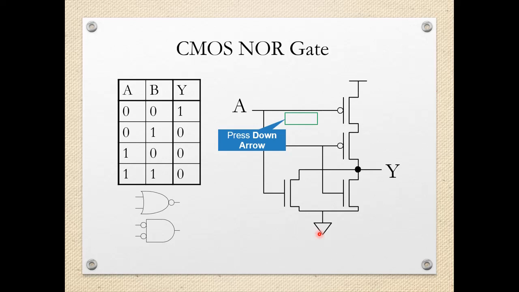B is 0 means this P MOSFET is on and this N MOSFET is off. But as the two P MOSFETs are connected in series, both should be on, then only output will be connected to VDD. But as N MOSFETs are in parallel, it is an either-or case. So this first N MOSFET is on, so output will be grounded through this MOSFET and we'll get the output equal to 0.